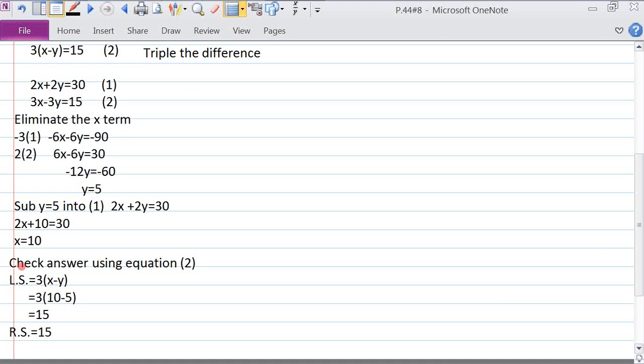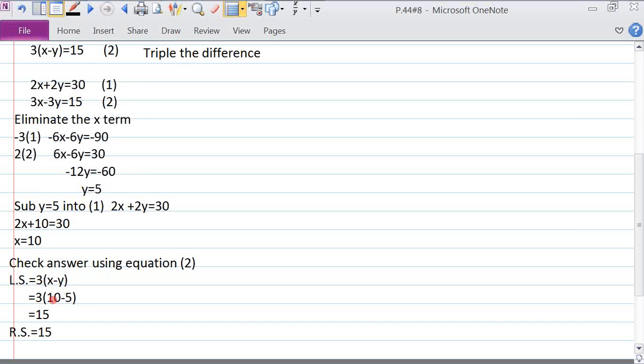So I always check the answer with a different equation than the one I used for the substitution to find the second value. I found y first, and I used equation 1 then to find the value of x. Check the answer using equation 2. The left side is equal to 3x minus y.